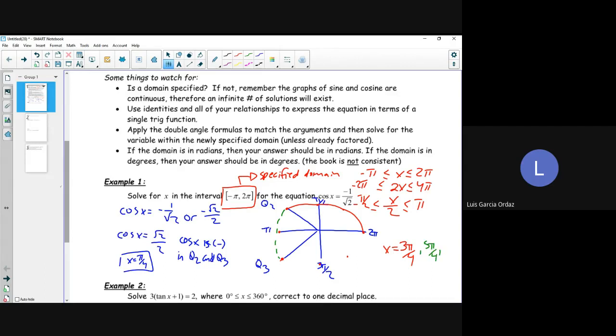And we are missing one more answer here. So look at the restrictions. It says from negative pi to 2 pi. Let's see if you guys can figure this one out.